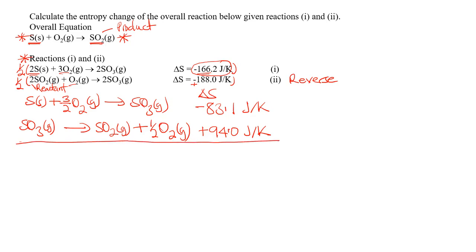Now, when we add the two reactions, if we look at the oxygen, 3/2 minus half, there will only be one oxygen here. That's what's going to happen to oxygen. Also, SO3 cancels with this SO3, because one is a reactant and the other is a product.